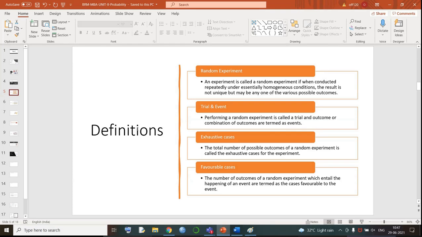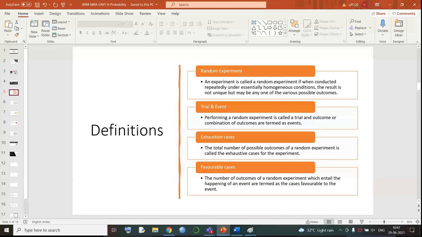No rule. That means you are tossing the coin the second time similar to the first, but you are not expecting the outcome. You don't know what exactly the outcome is. You are performing the same task under essentially homogeneous conditions. Homogeneous conditions means however you toss the first time, the second time also you have to toss the same way.